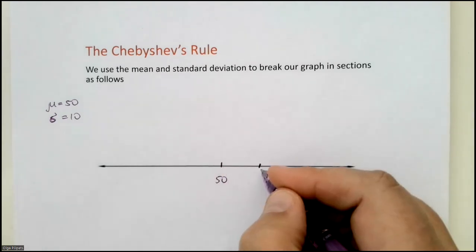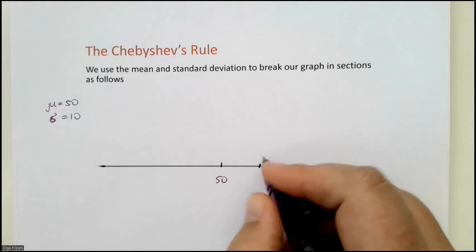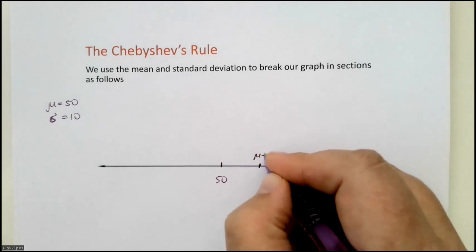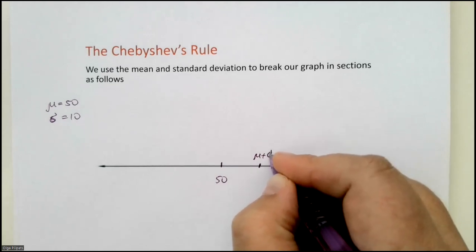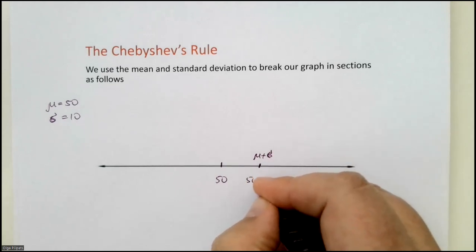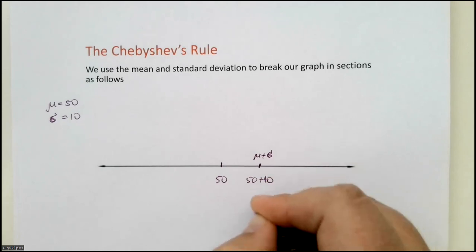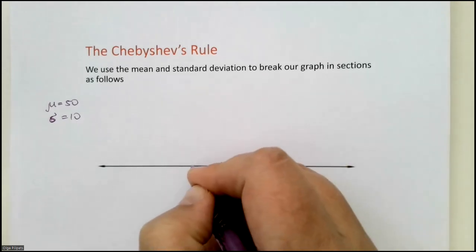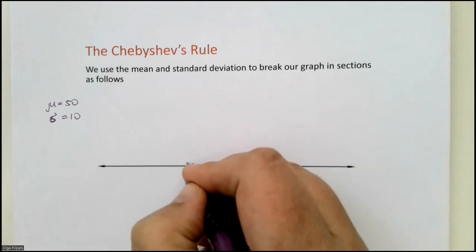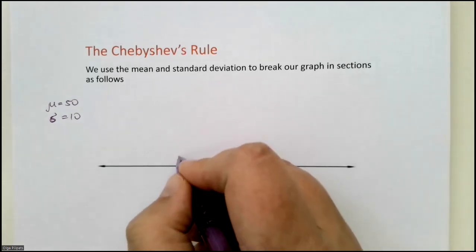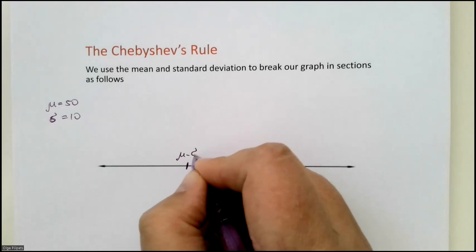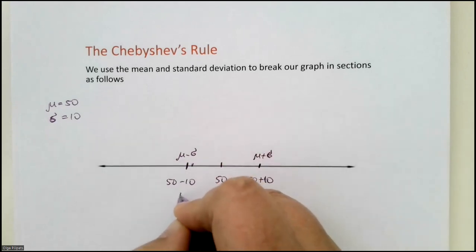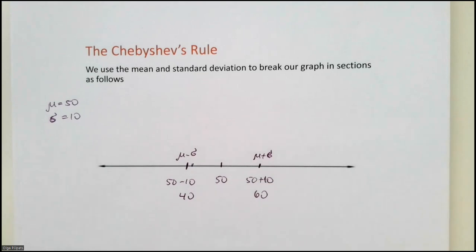One standard deviation to the right would be mu plus sigma. So it's going to be 50 plus 10, that's going to be 60. And then if I go one standard deviation in the opposite direction, that's going to be mu minus sigma. So 50 minus 10, or 40.